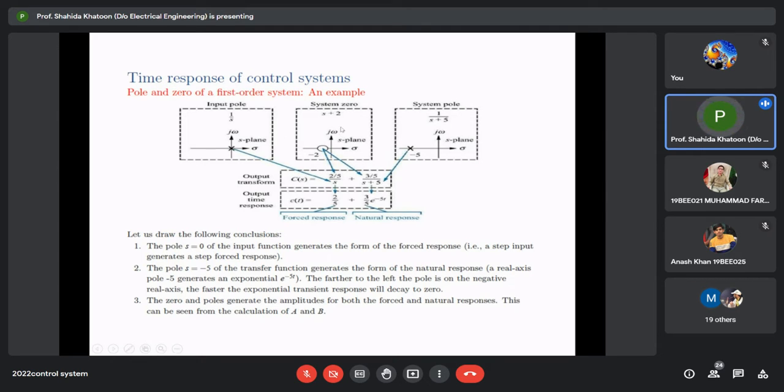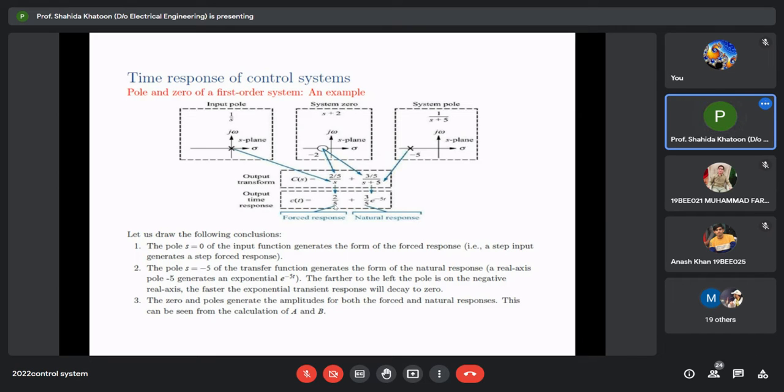The system zero is at s equal to minus 2, and the system pole is at s equal to minus 5. So the output transfer function C(s) is 2 by 5 upon s plus 3 by 5 upon s plus 5, and the output time response, which we have derived, is 2 by 5 plus 3 by 5 e to the power minus 5t.